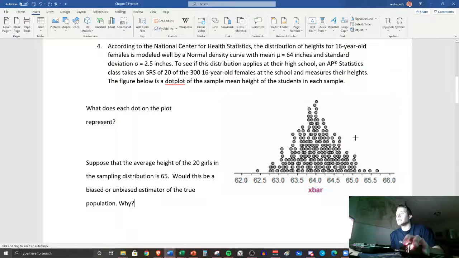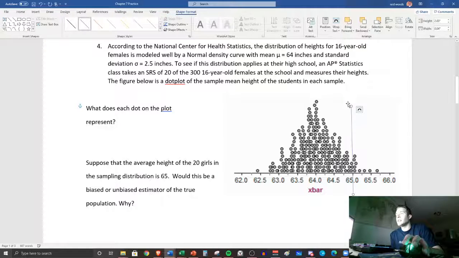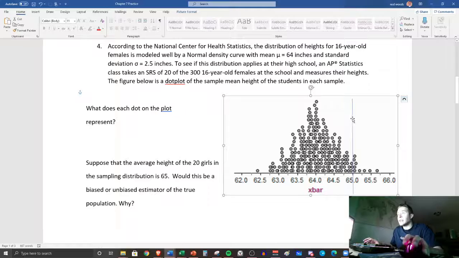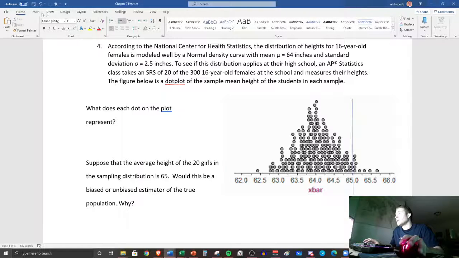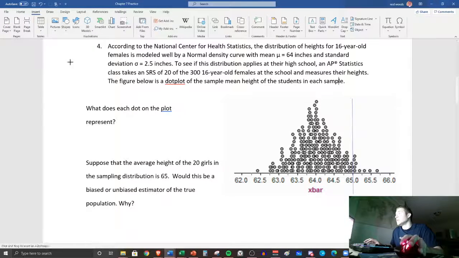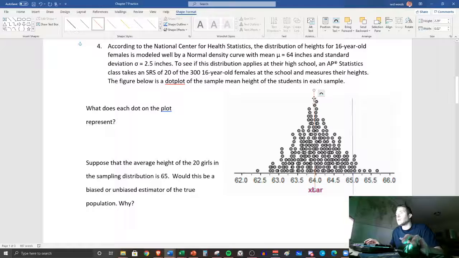So if I say 65 right here, that is the sample we got. And if I duplicate that, make one more, we see that the mean of this distribution is actually about 64, right? Let me make that orange, about right here. And so we can see that these are pretty dramatically different.